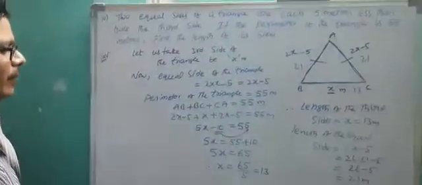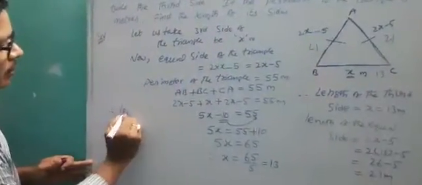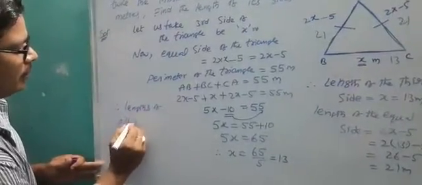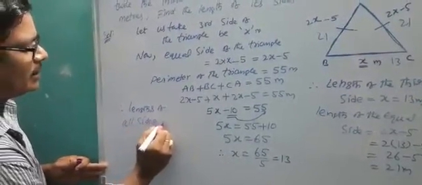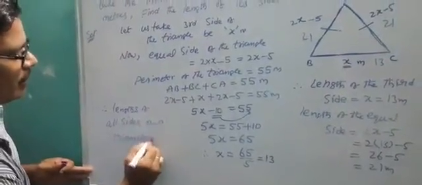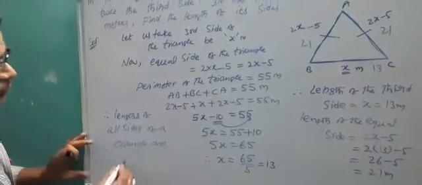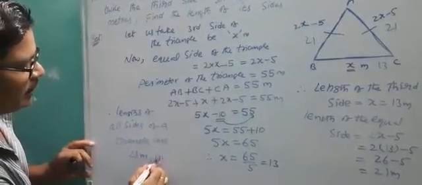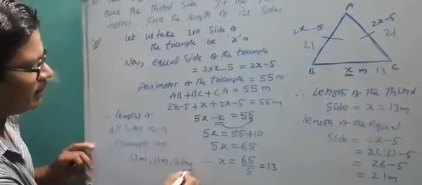Therefore the lengths of all sides of the triangle are 21 meters, 13 meters and 21 meters.